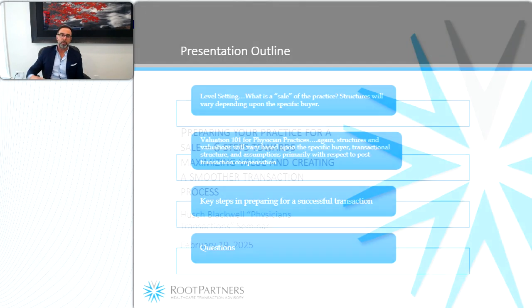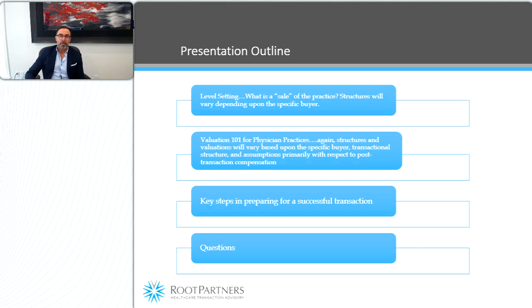Okay, in terms of an outline today, we're going to start out with the initial transaction, and we're going to focus on 2 primary structures. There's a lot of interest among physicians in particular about how a private equity transaction works, how it is structured, and how the economics are generated.